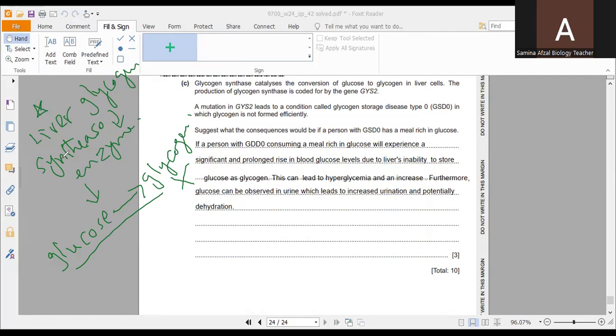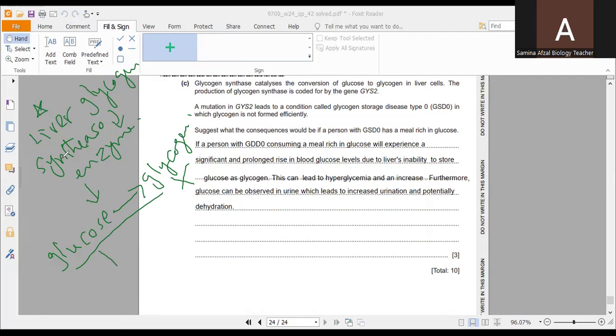The liver will not be able to replenish its glycogen reserves even after a high glucose intake. With impaired glycogen synthesis, the body will rely more on other pathways to deal with the excess glucose. This could include increased conversion of glucose to fatty acids.